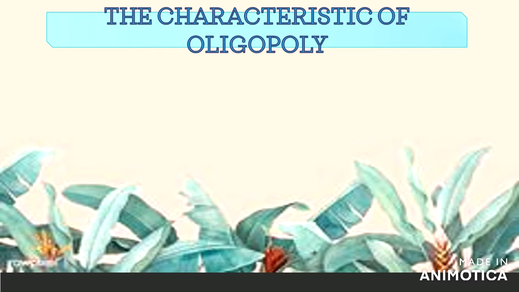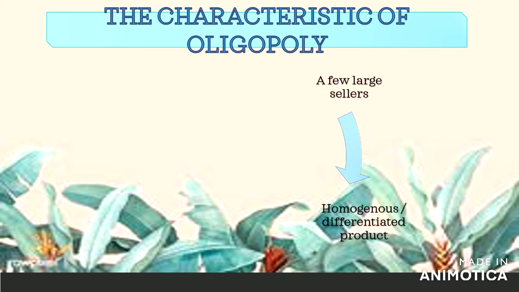Next, we discuss the characteristics of oligopoly. The number of buyers and sellers: there are a few sellers. The type of product sold is homogeneous or differentiated, like oil and gasoline versus automobiles. For barriers to entry, there are relatively high entry barriers for oligopoly.